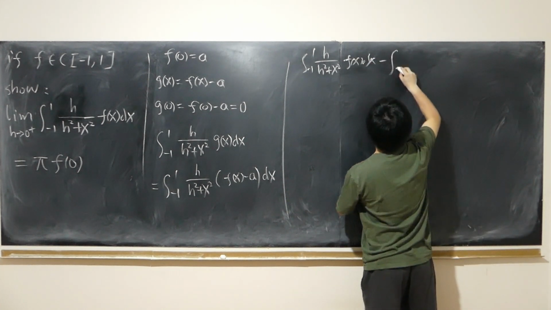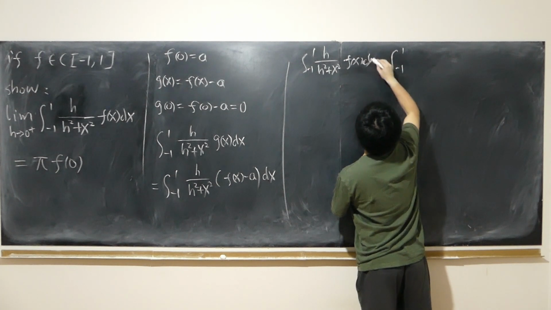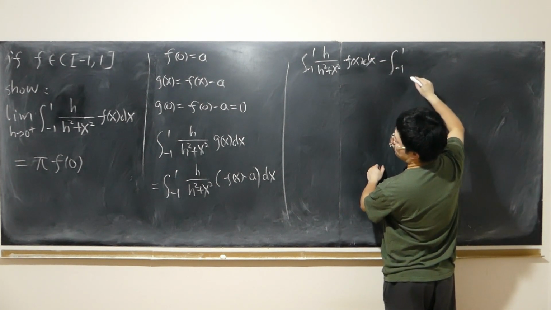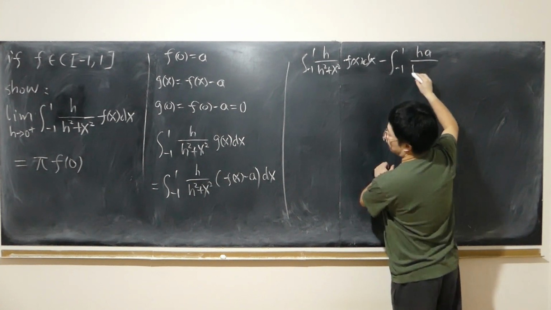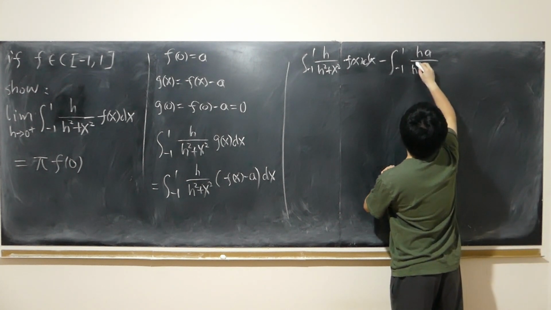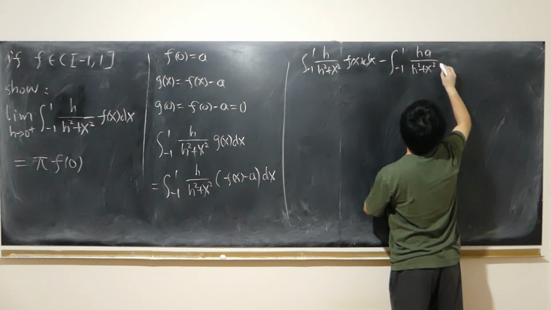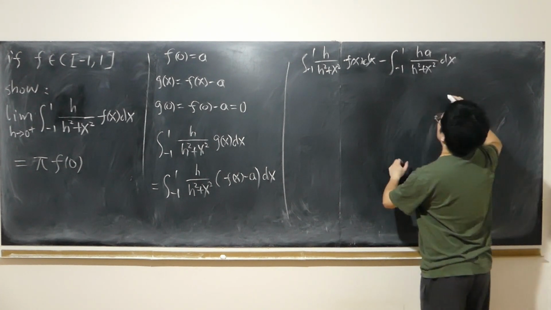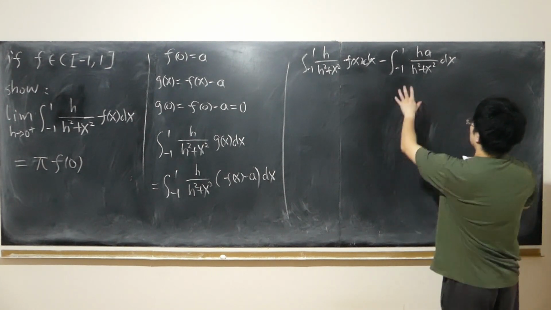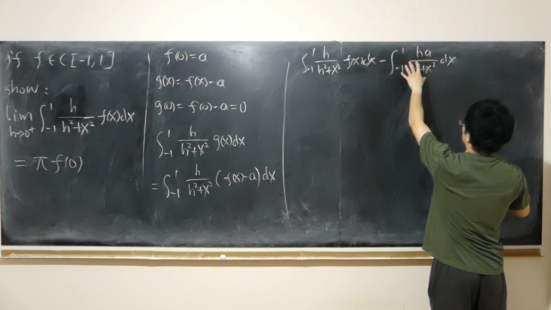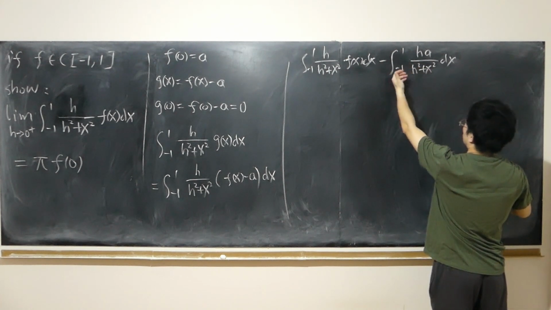minus the integral from negative 1 to 1 of h times a over h squared plus x squared dx, the whole thing approaching 0. Right? So this one should be easy. In fact, I've already worked it out previously.